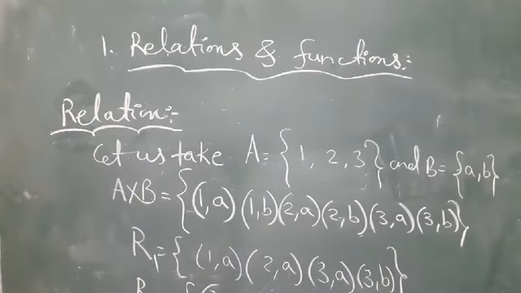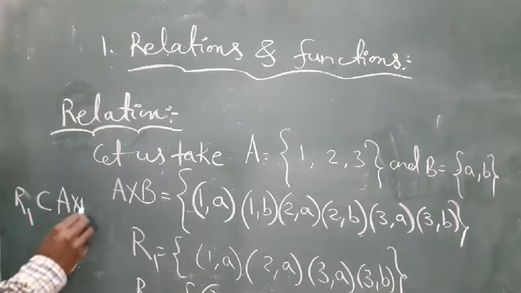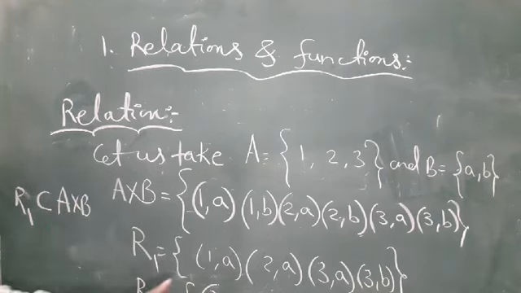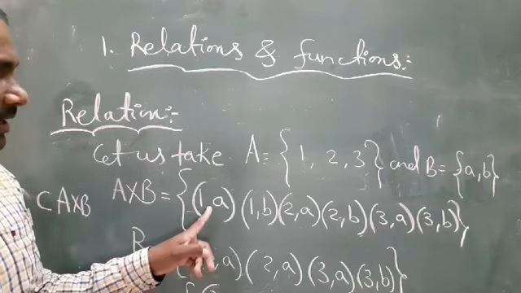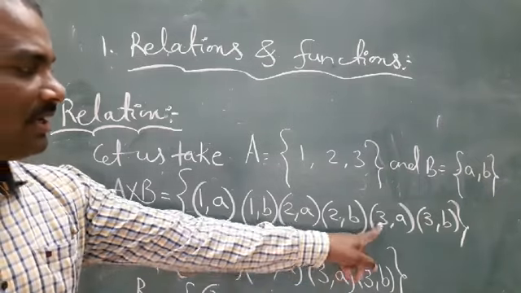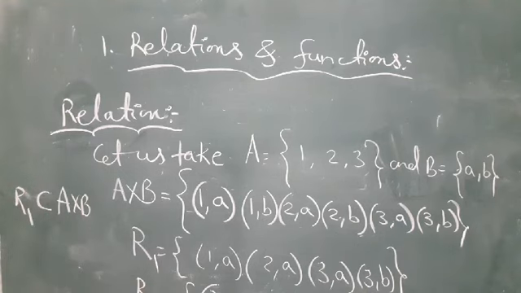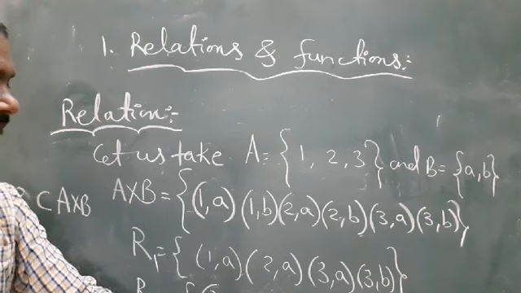Now we are observing here R1 is a subset of A cross B. Is this right or wrong? Look, (1,a) is here, yes. (2,a) is here, yes. (3,a) is here, yes. (3,b) is here, yes. So R1 is a subset of A cross B. Here R2: (2,a), (3,a), (3,b).